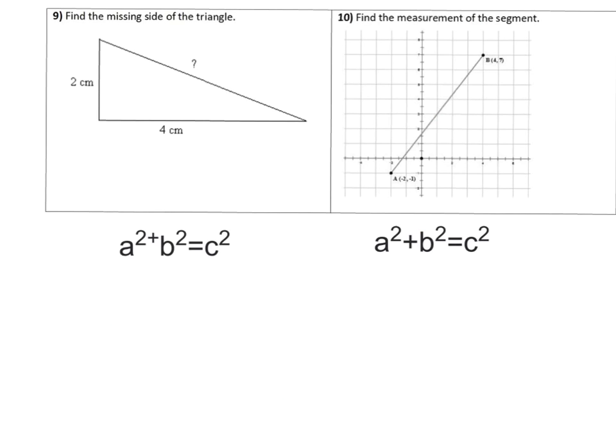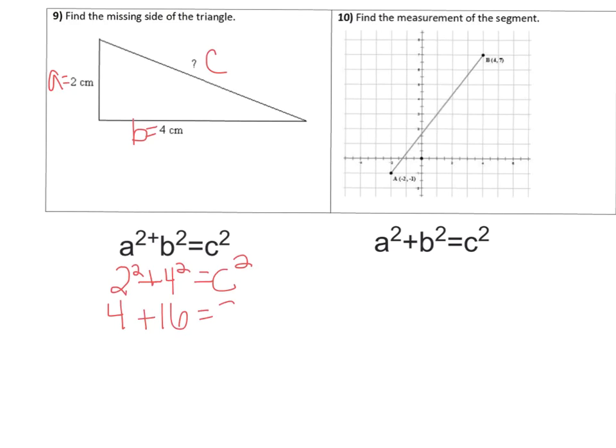Number 9, find the missing side of the triangle. And so this is a right triangle, so we would use the Pythagorean theorem. A is the shortest side, B is the medium side, and C is the largest side. So we are looking for C. So we plug it into our formula. 2 squared plus 4 squared equals C squared. 2 squared is 4, 4 squared is 16.